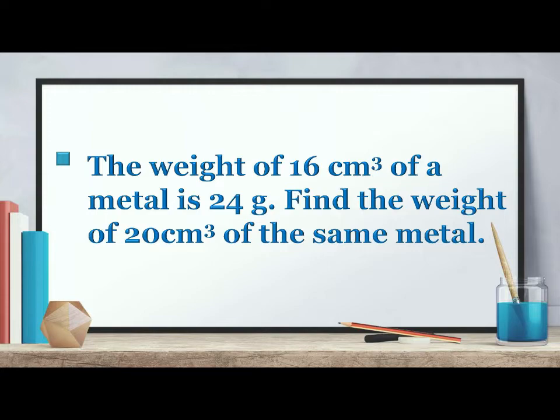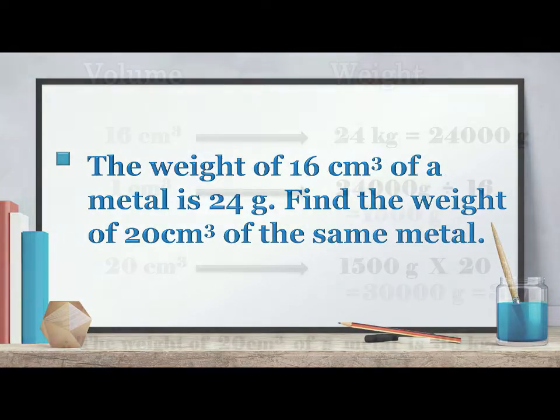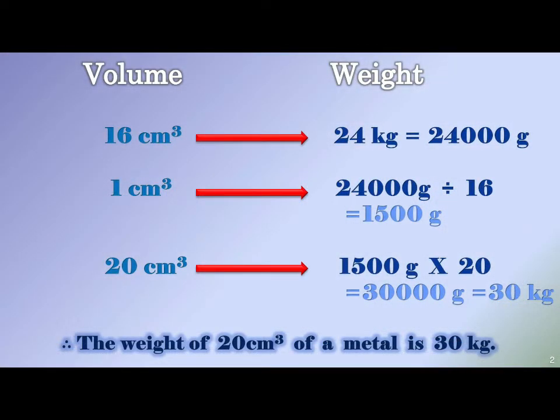Find the weight of 20 cubic centimeters of the same metal. In this case, the two quantities are the volume and the weight. The weight of 16 cubic centimeters of a metal is 24 grams. Likewise, when multiplying by 1000, we can write it as 24,000 grams. Then the weight of 1 cubic centimeter of a metal is 1500 grams when dividing by 16.